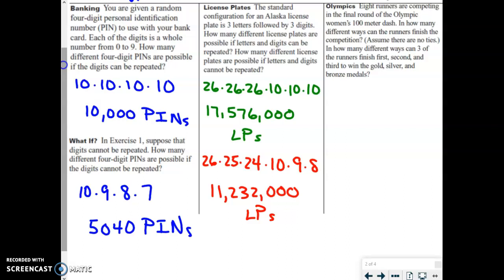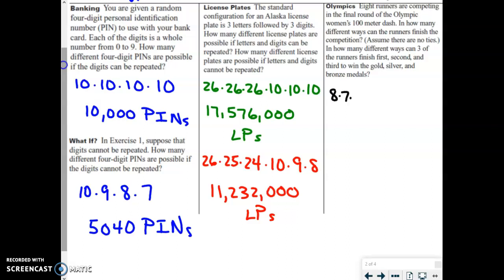And the last example that we have here says that there are 8 runners running in the 100-meter dash in the Olympic finals. So in how many different ways can the runners finish the competition? And then in how many different ways can they finish first, second, and third? So first one, how many different ways can they finish? Well, then we have to start with no repetition, because if you're first, you can't be anything other than first.